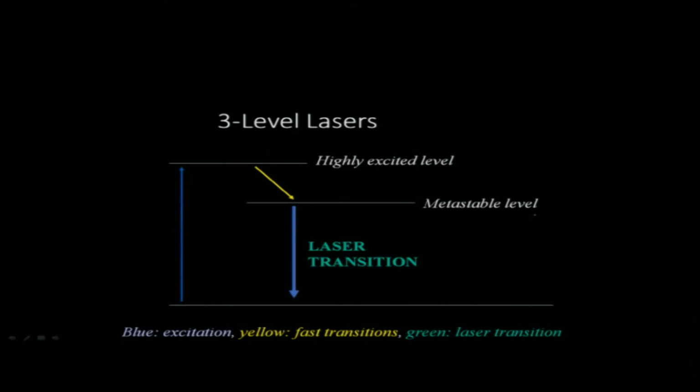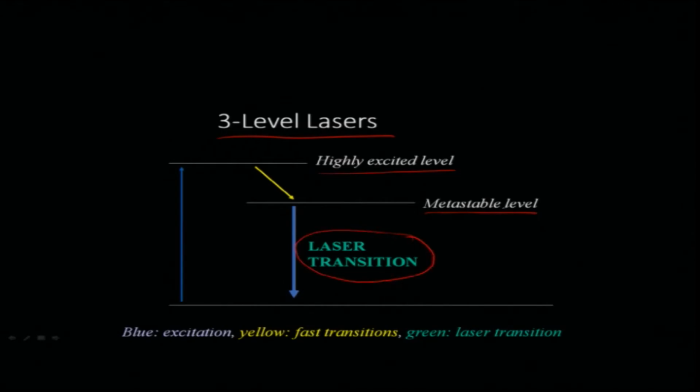And one of the things which Meinman finally was able to achieve was to use a medium which was not simple 2 level, but 3 level, and now this class of lasers can also be defined in terms of the level structure that we use. One is the principle of 3 level lasers, where we have more than 2 states. So, we have the excitation which goes to a highly excited state, from which it has a fast transition to some metastable state, from where the laser transition occurs.